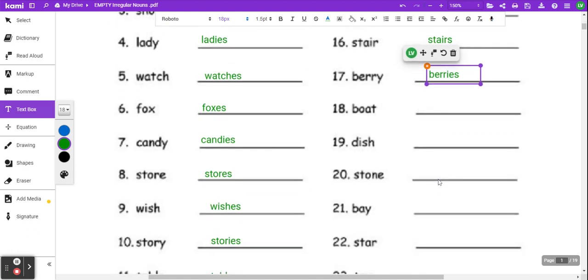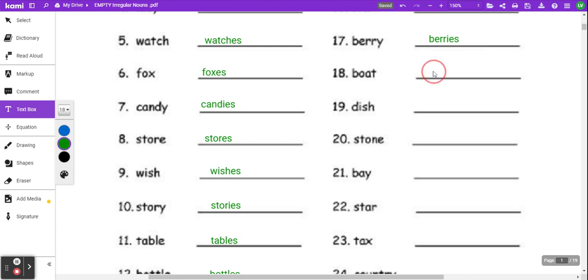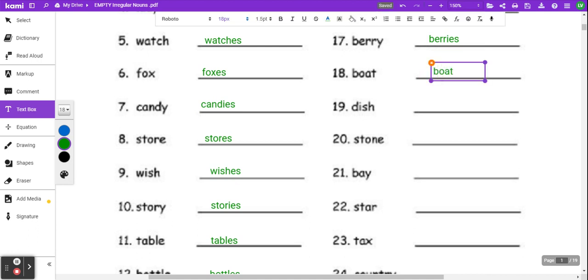Boat. Boats. Just S. Dish. Good. Dishes. What about stone? Stones.